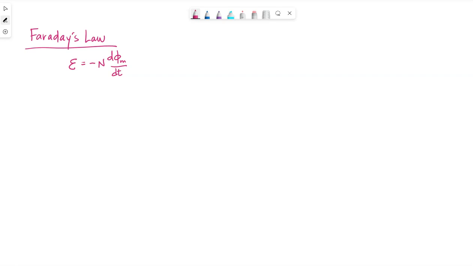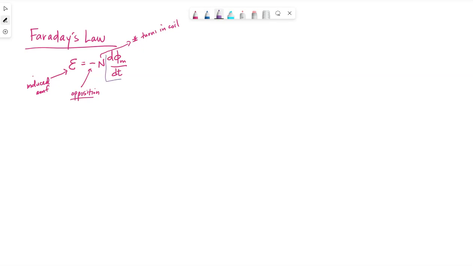One way to write this is the induced EMF, meaning an induced potential difference or voltage, is equal to the opposite. We'll talk about this for a second. Opposition. N is the number of turns in your coil or loop that you're inducing the voltage in.